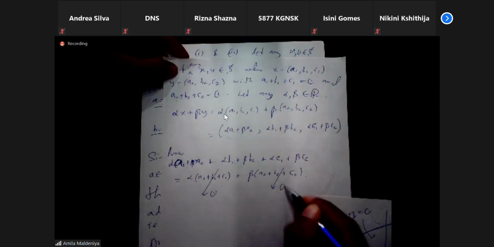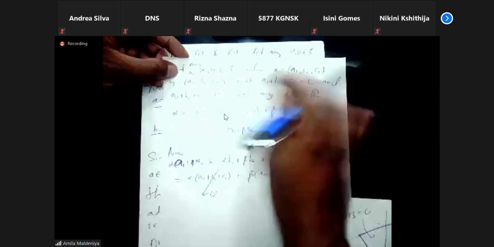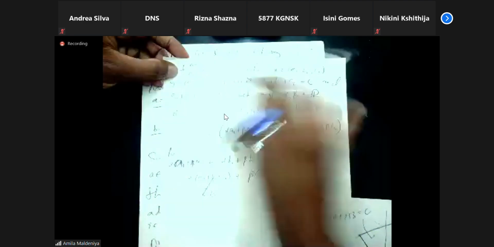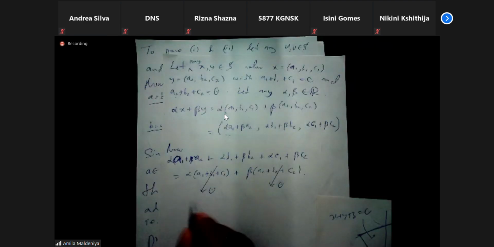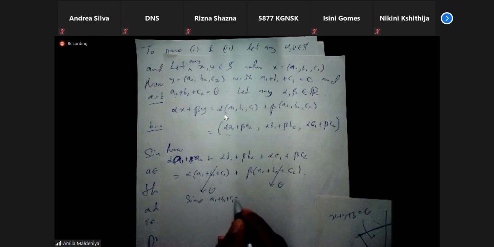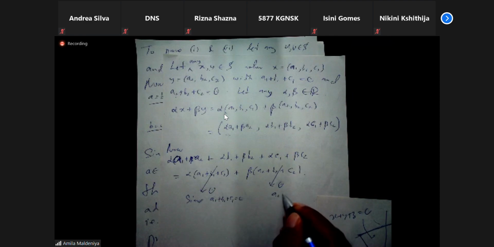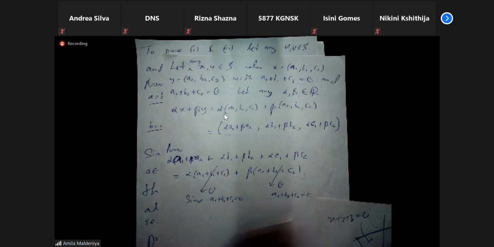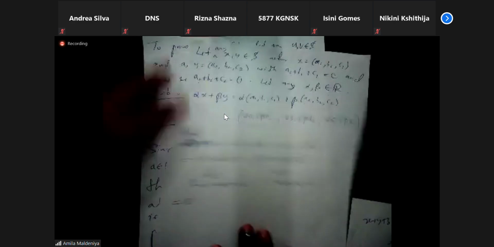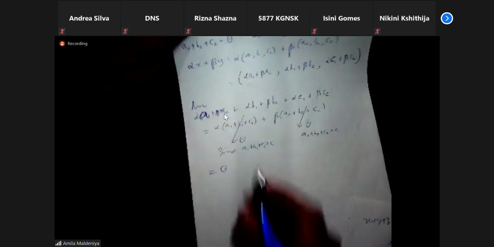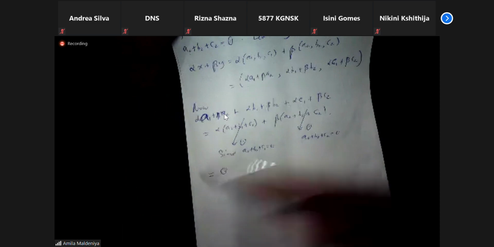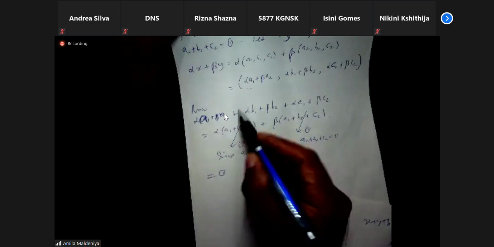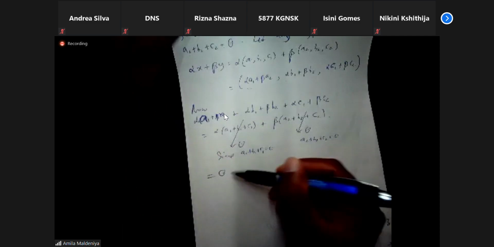This is 0 because from this one you can write down that since A1, B1, C1 sum to 0, and A2, B2, C2 sum to 0, therefore I have this. So that element is also in that set, because the sum of the X, Y, Z components is 0.